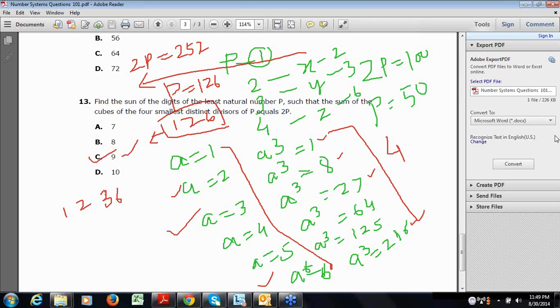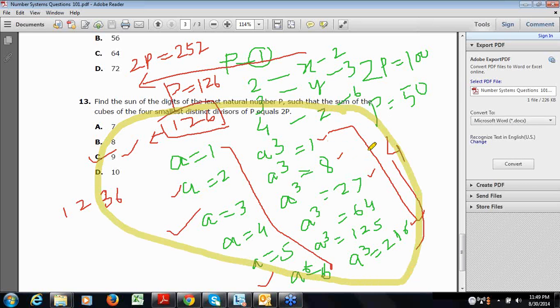I won't say the full logic will be there, but you have to arrive at this place, and then after this you have to do trial and error. Obviously you have to do it.